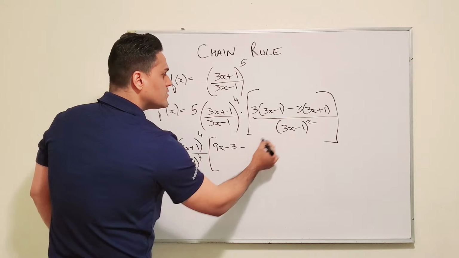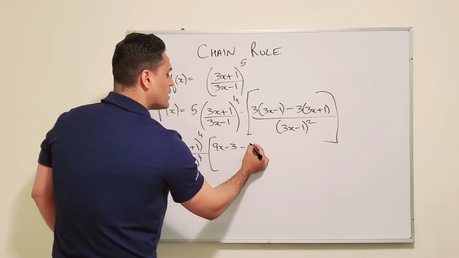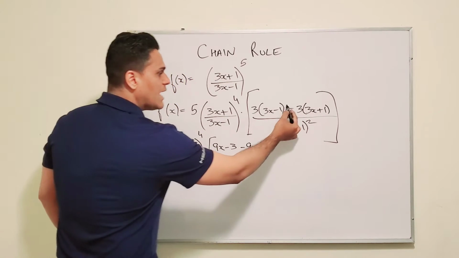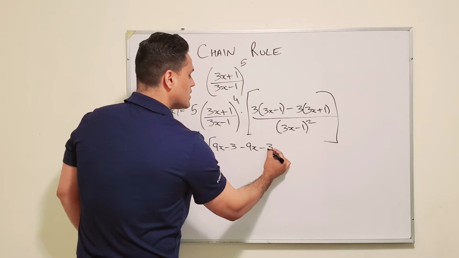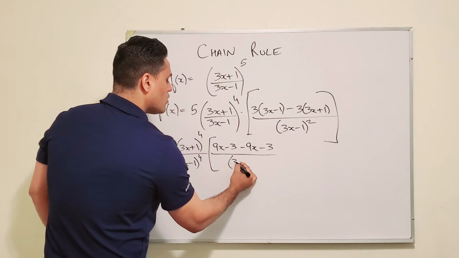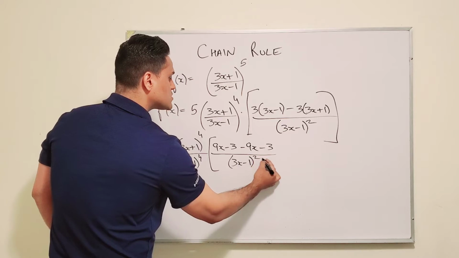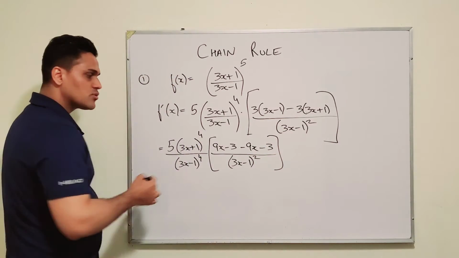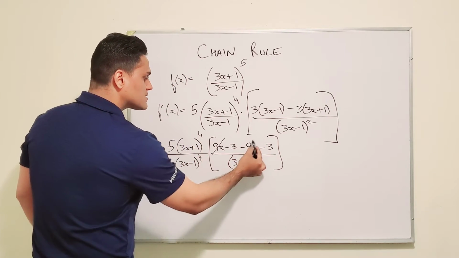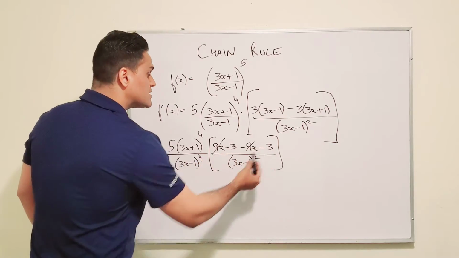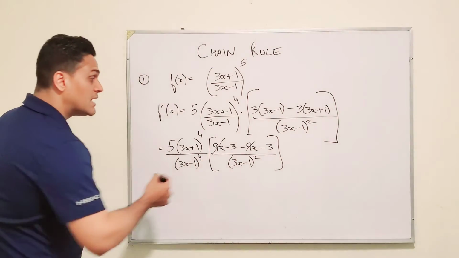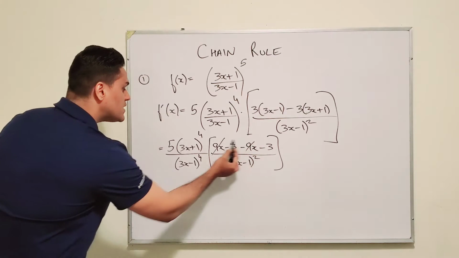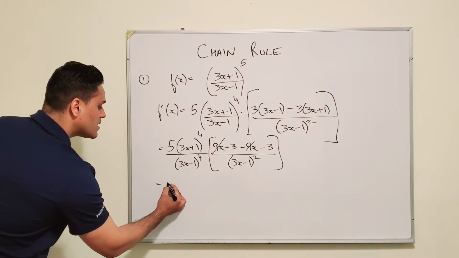Now we have minus 3 times 3x is minus 9x, and minus 3 times 1 is minus 3. All over 3x minus 1 squared. So we get 9x minus 9x, that cancels, and minus 3 minus 3 is going to be minus 6. So we got minus 6 over there. Minus 6 times 5 is going to give me minus 30.